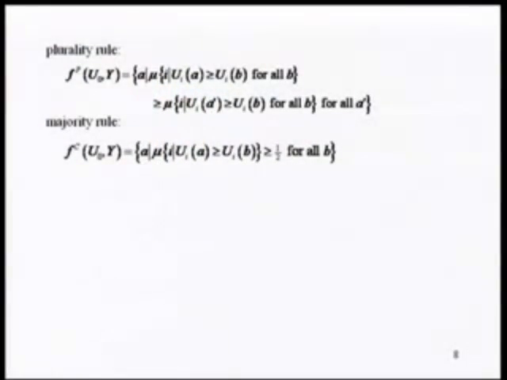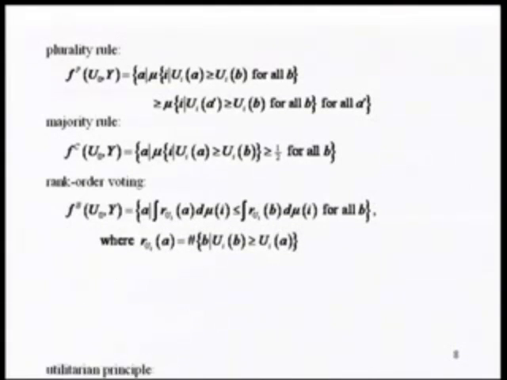And similarly, we can define majority rule, the Condorcet method, as the set of alternatives that beat each other alternative by a majority, that is, by at least half the population. Rank order voting, utilitarianism.